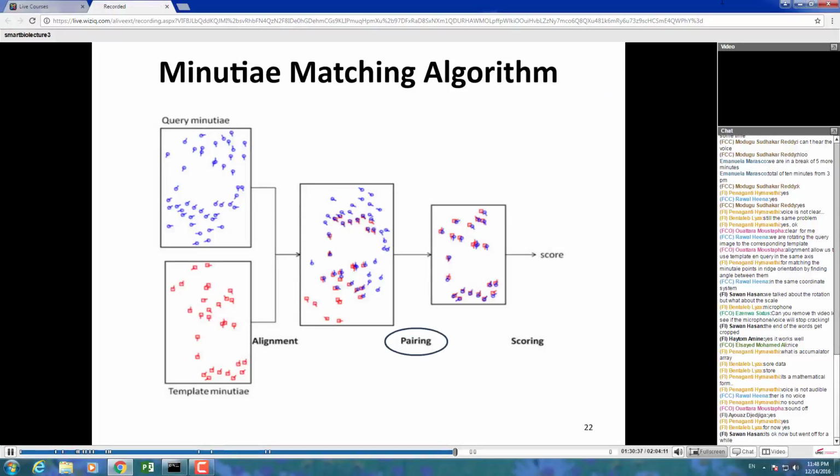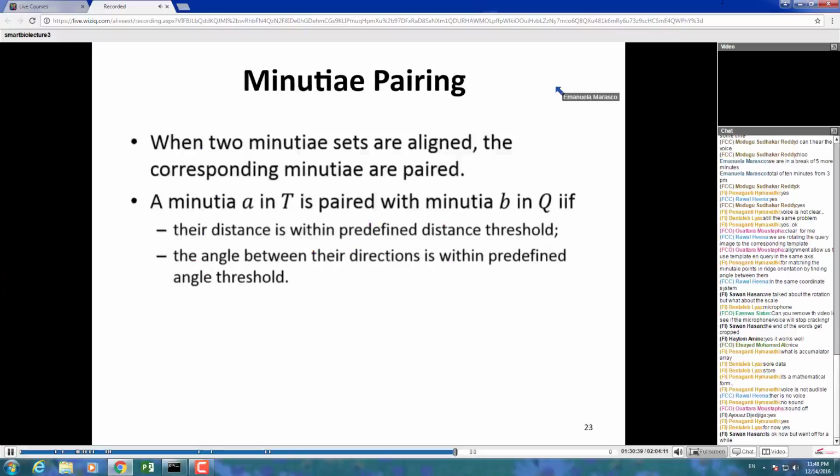Of course, we have two different pieces of information in the minutia, as I said multiple times, location and orientation, and we will need to consider them. The distance between minutiae, and whether it is within a predefined distance in location. And also, we need to consider the angle between their directions, which should be within a predefined range.